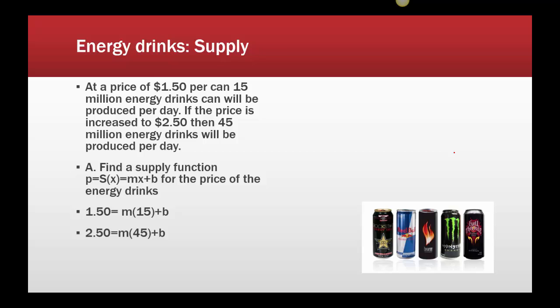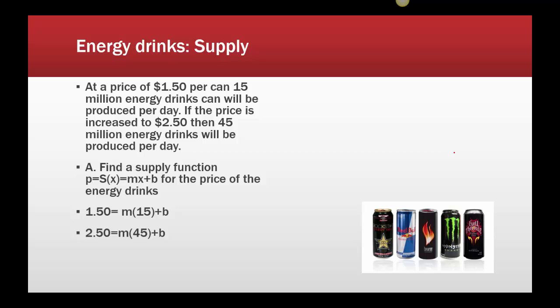So suppliers are always going, pay me more, we'll do more. So this is the idea that when I look at demand, I expect the price to be going down. When I look at supply, I'm looking for the price to go up because suppliers are in business. They're trying to make money. They're not trying to reduce the price. They're trying to do their best to make as much money as possible. So they should feel like they're doing opposite things here.